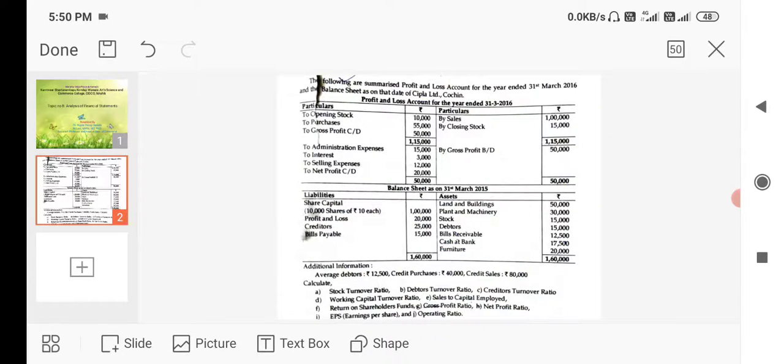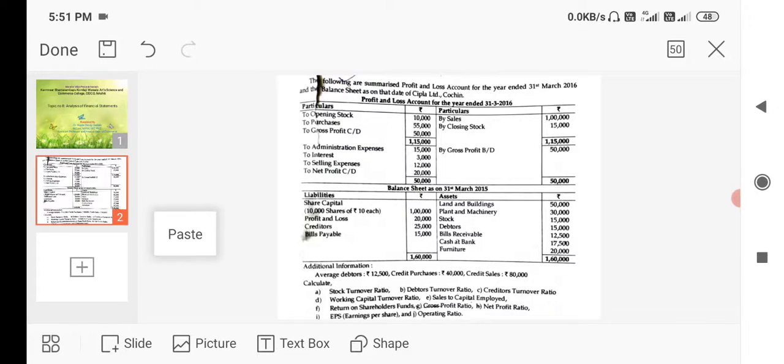We can see here problem number 4. The following are the summarized profit and loss account for the year ended 31st March 2016 and the balance sheet as on that date of Cipla Limited, Cochin. After the balance sheet, the problem gives additional information: average debtors 12,500, credit purchase 40,000, credit sales 80,000.